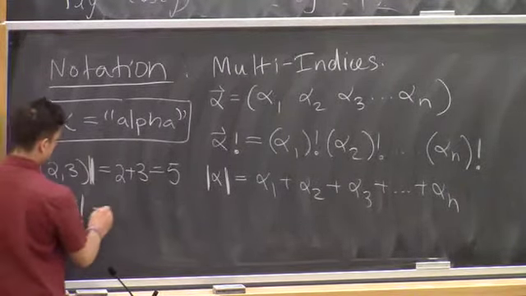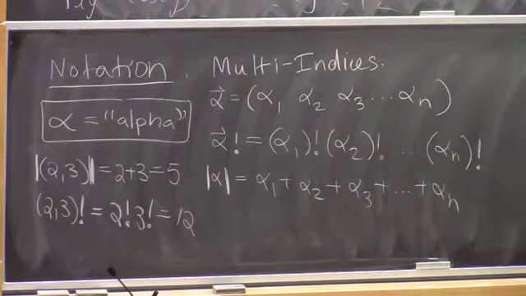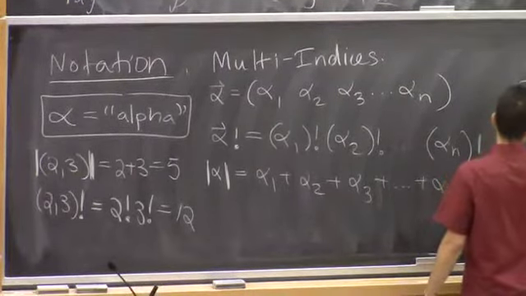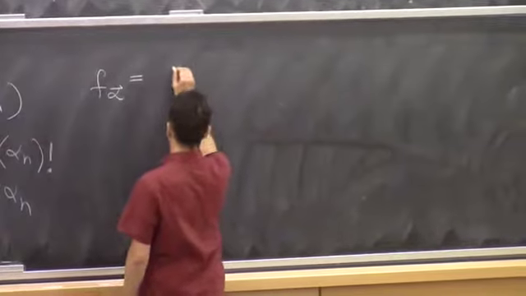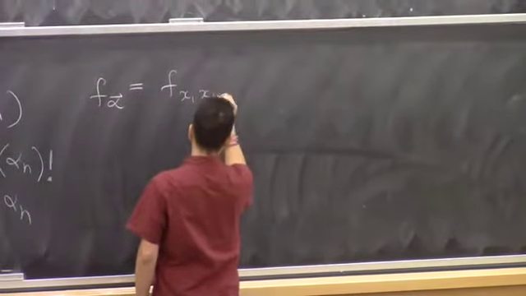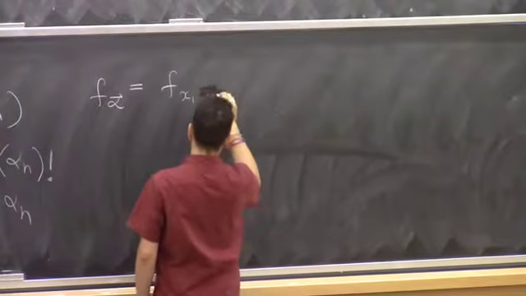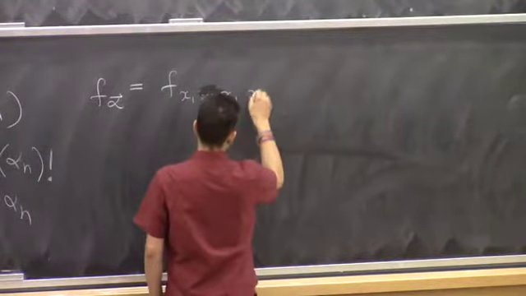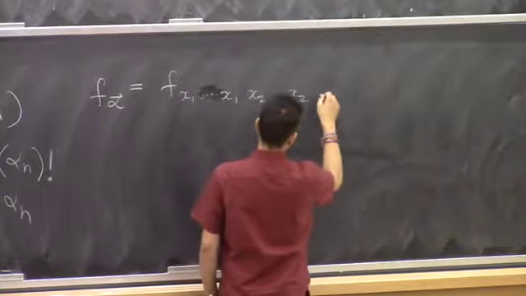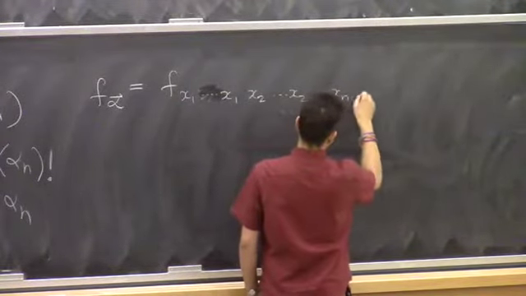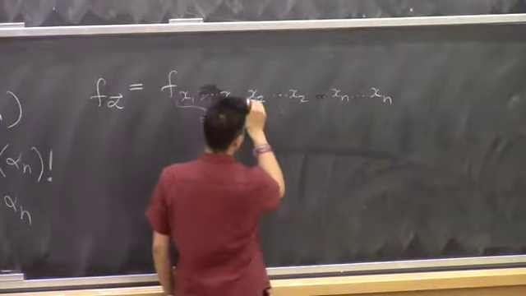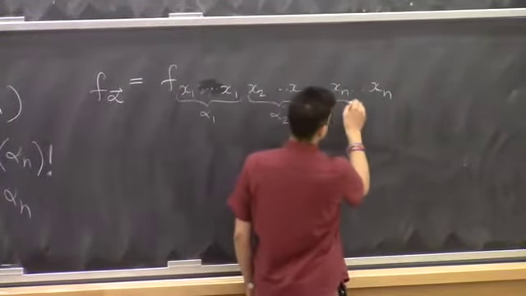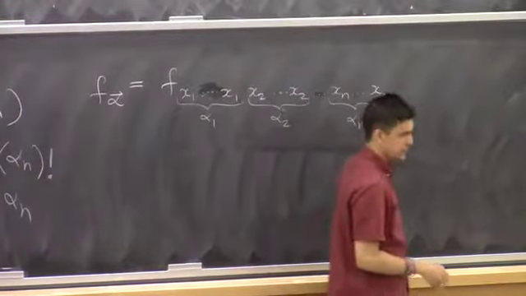Okay, and then the last way in which we use them is like this. F sub alpha. Okay, very big piece of notation, but we have alpha 1 copies here, alpha 2 copies here, and alpha n copies here.